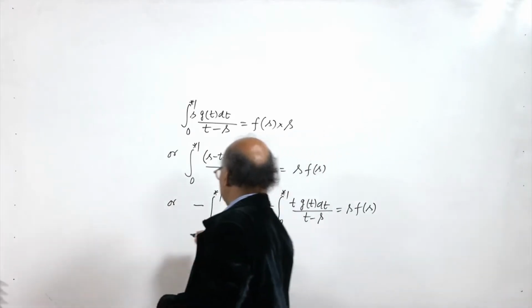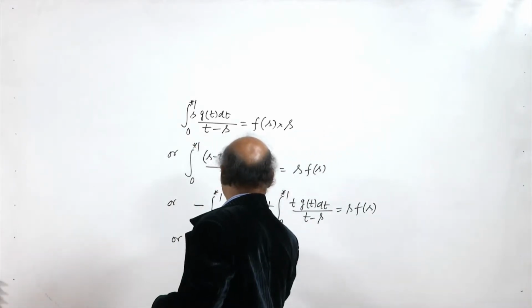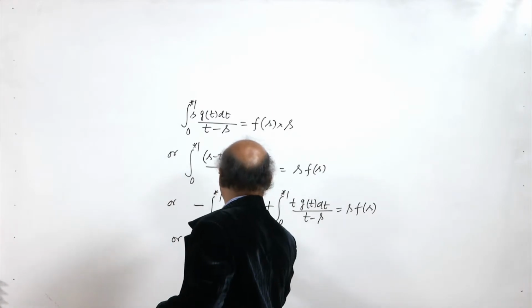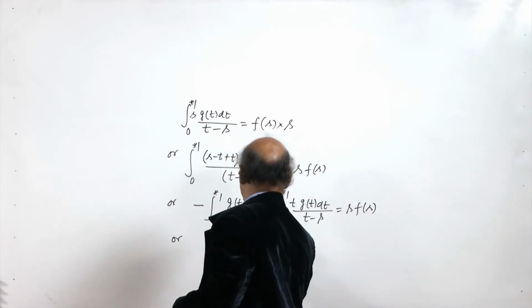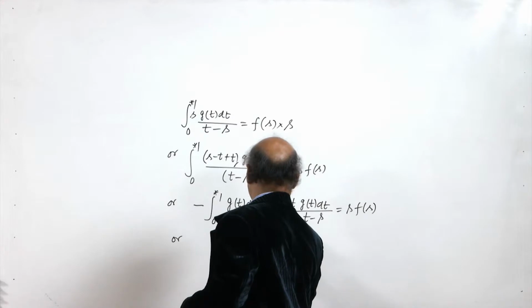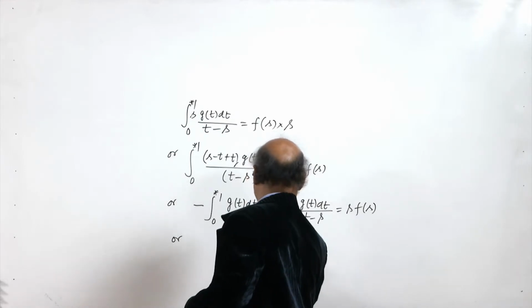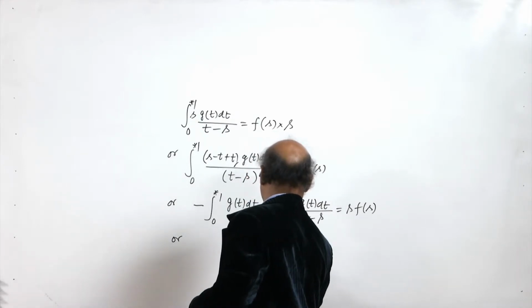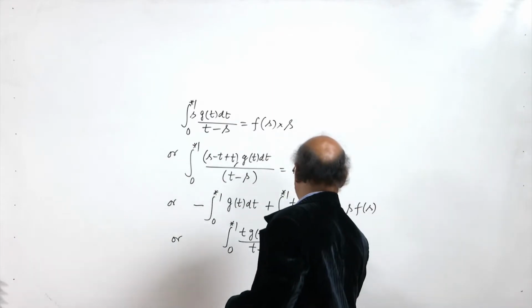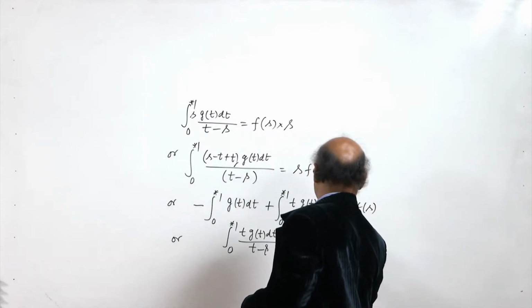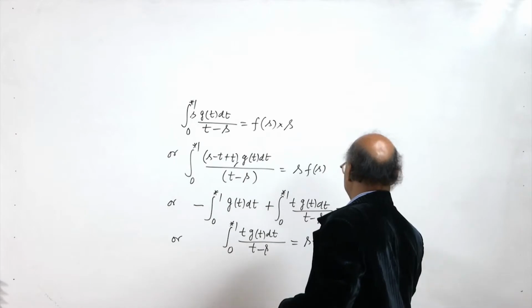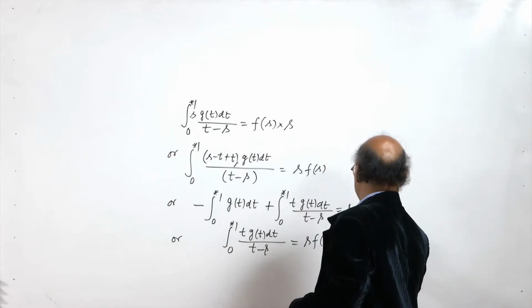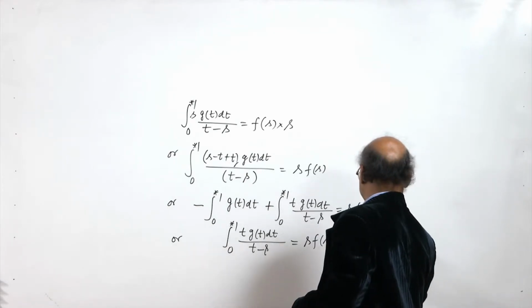Or we can say integral 0 to 1 t g(t) dt divided by t minus s is equal to s f(s) plus integral 0 to 1 g(t) dt.